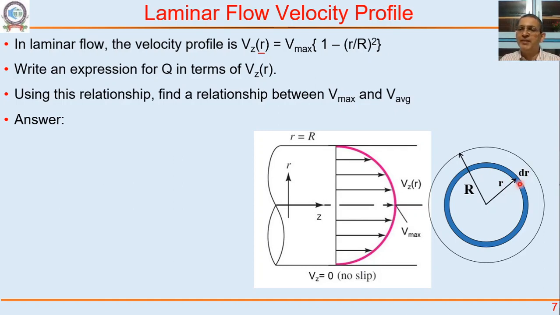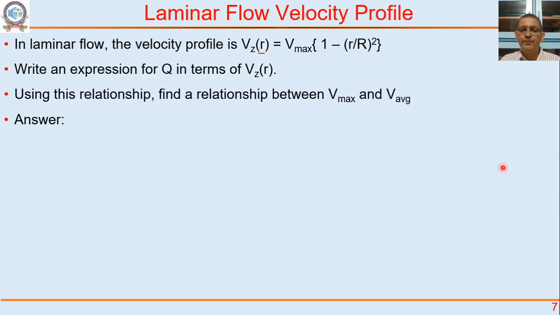Differential element thickness is dr. Now Vz is perpendicular to this control volume. It is going into the plane of the screen. So can I write an expression for the volumetric flow rate in the z direction through this control volume dr?